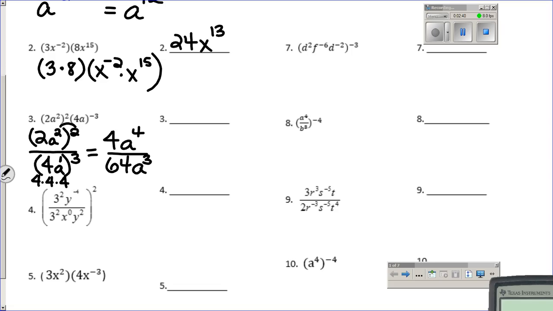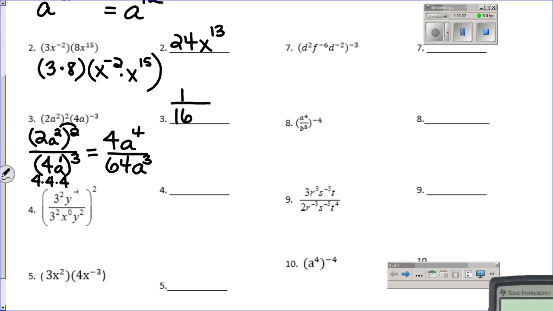Now we need to check to see, can we simplify this expression one step farther. If you look, we have 4 over 64. 4 is smaller than 64, so we can't divide, but we can reduce the fraction. 4 and 64 are both divisible by 4. If you divide 4 by 4, you get 1, and 64 divided by 4 is 16.